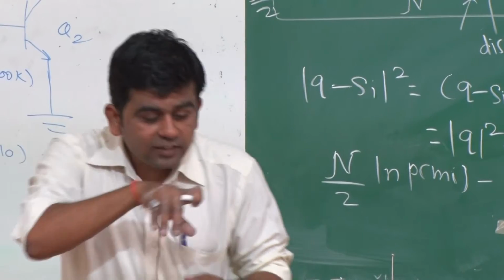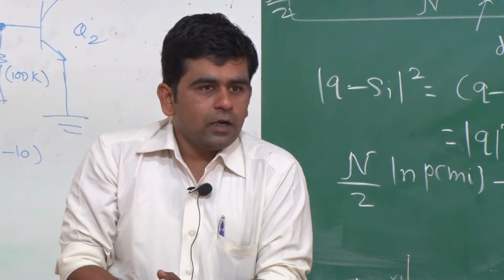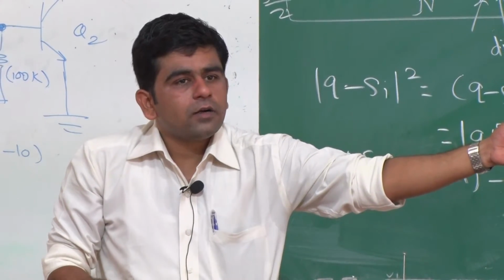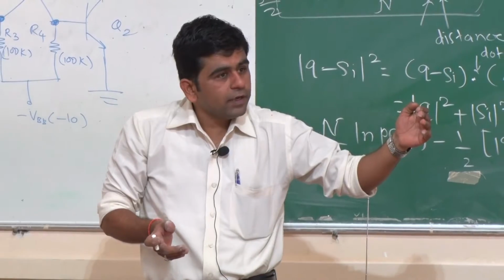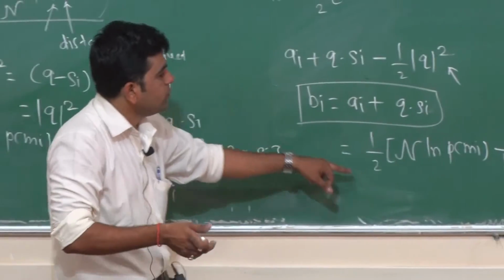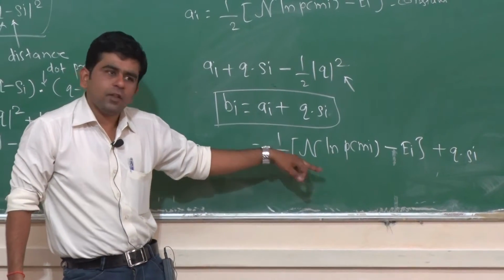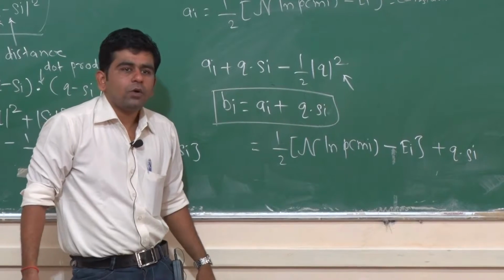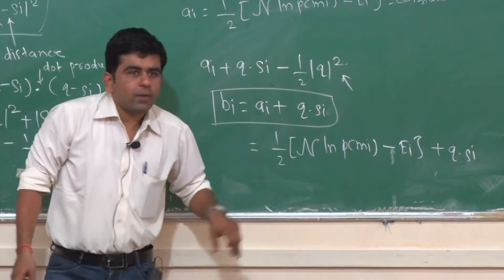They will decide which symbol is actually transmitted from your transmitter. Now I am making this decision at the receiver side. I do not know which symbol is transmitted, but we require some point. From this one we can see that this is italic capital N, the power spectral density of your white noise, natural log of probability of Mi.